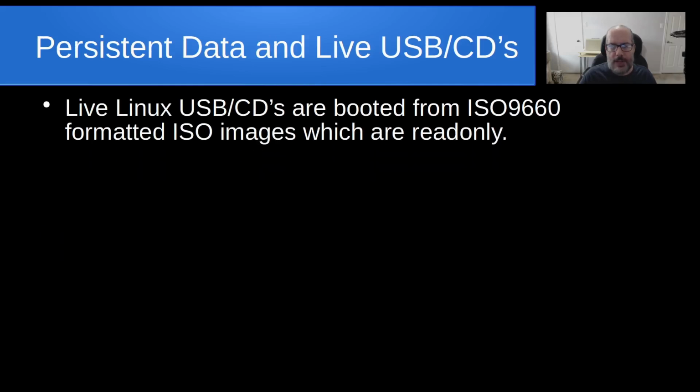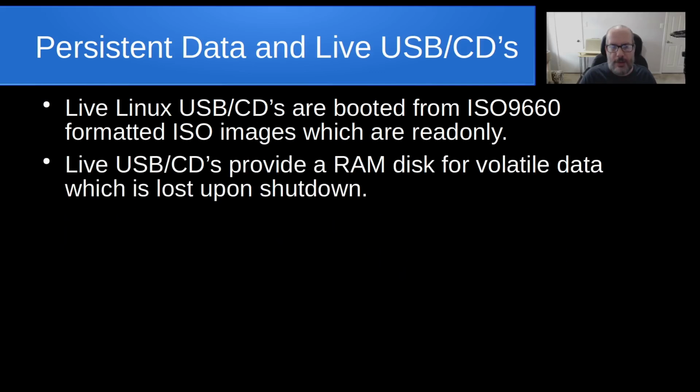Live Linux USBs and CDs are booted from ISO 9660 formatted images, which are by nature read-only, and I think that historically dates back to the time when we used optical media. And live USBs or CDs provide a RAM disk for volatile data, which is lost upon shutdown or reboot.